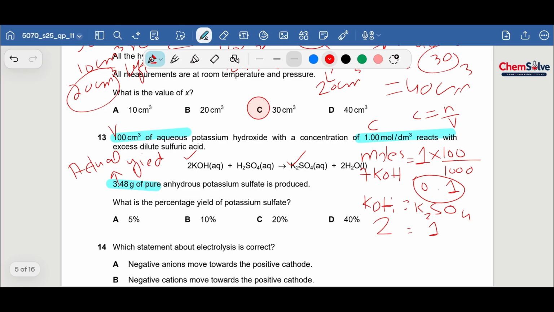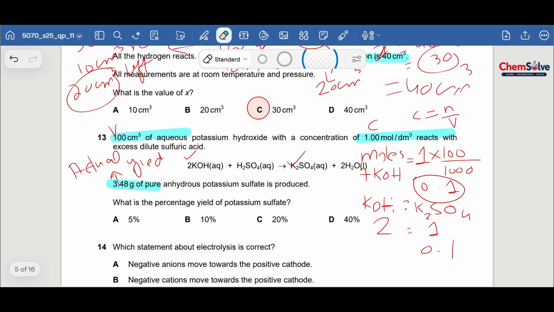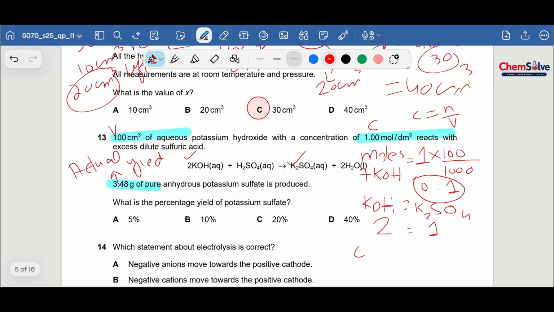So if KOH is 0.1, then K2SO4 would be half of that. So 0.1 multiplied by 1 divided by 2 and it would be 0.05. So these are the moles of the K2SO4 that we have calculated here, 0.05 moles.